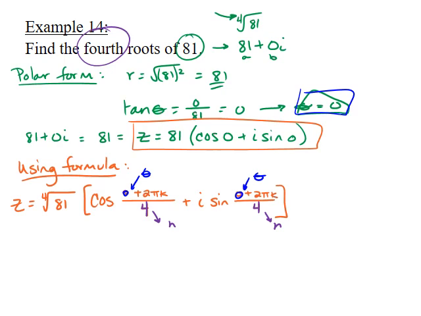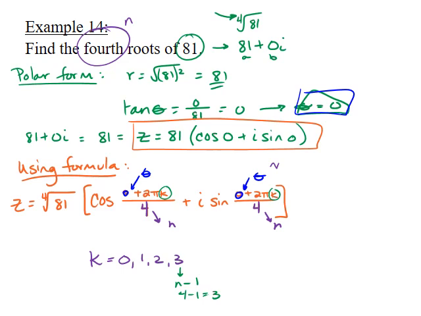Whatever root we want to find is n. When we evaluate this, we want to plug in values for k here and here: 0, 1, 2, and 3, because 3 is n minus 1, which is 4 minus 1 in this case.